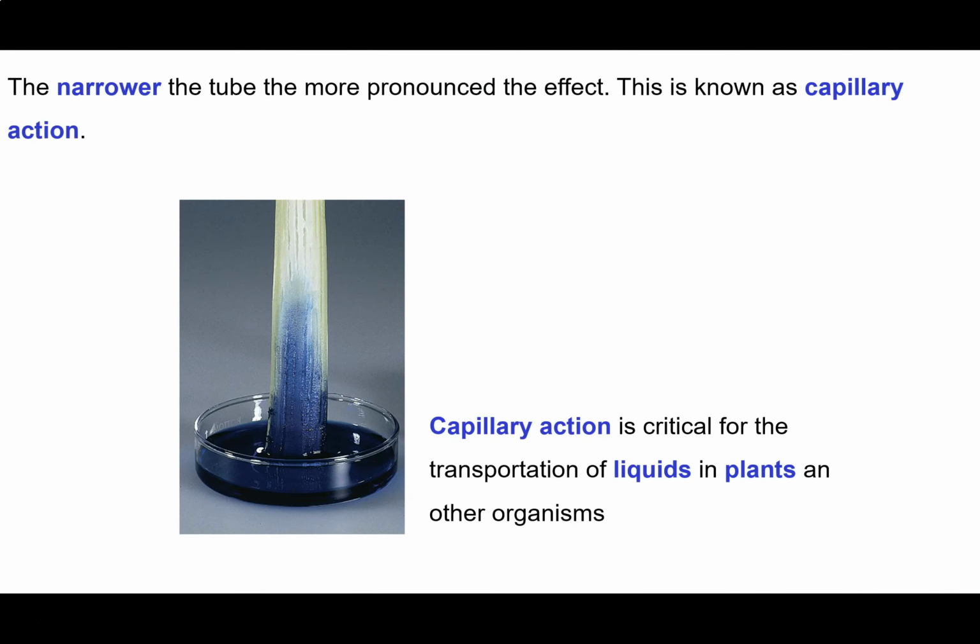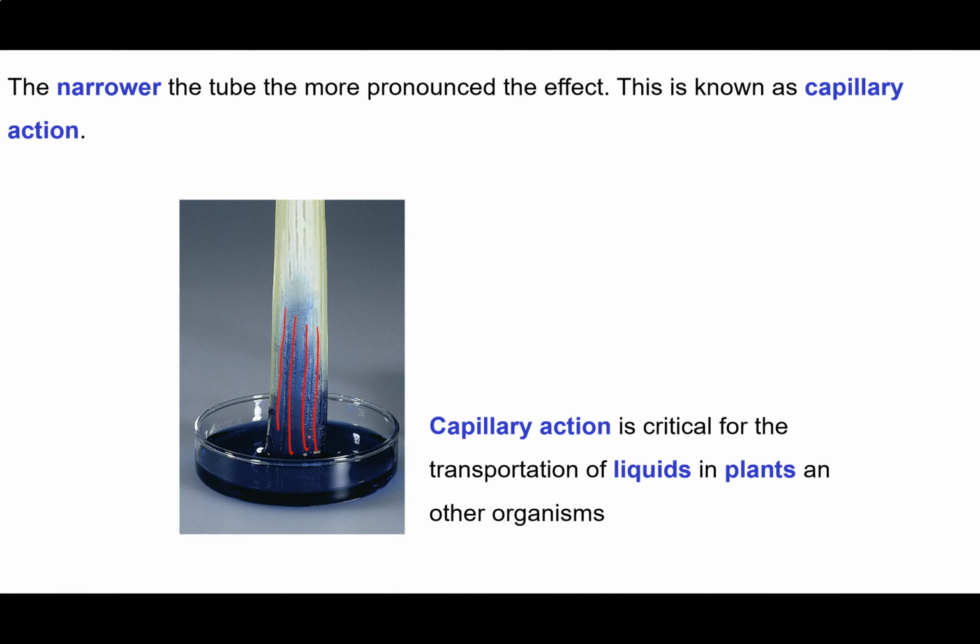This is often demonstrated by using something like celery and putting it into a colored liquid, and you can see that the capillary rise results in the blue liquid here rising up that piece of celery quite a long way, because the tubes that are in this are very, very narrow.